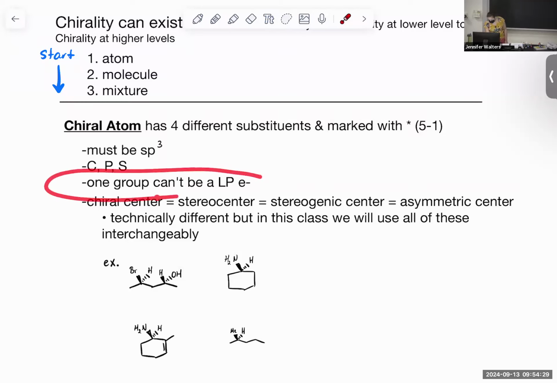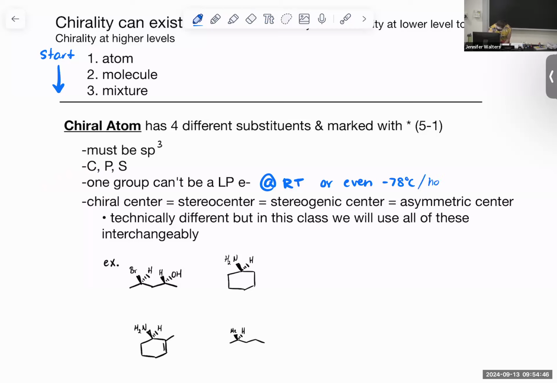But in general, at room temperature, or any normal temperature, even down to minus 78, you're not going to be able to have a group be a lone pair of electrons and actually observe any sort of chirality. So we're going to say you need 4 different substituents, and you need actual 4 different substituents in order to be a chiral atom.